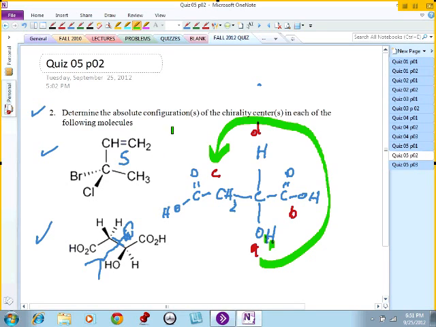S. That's a counterclockwise. Therefore, the absolute configuration of this carbon is S. Okay? That is what you have to do. Everybody follow that. Now, if you don't follow this, you should come and see me in my office. Okay, any question before we move on?